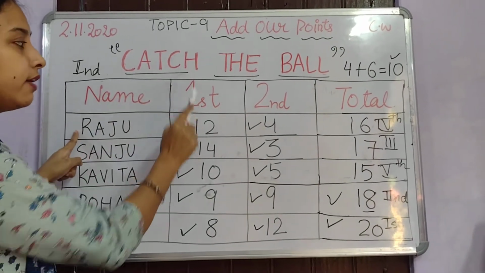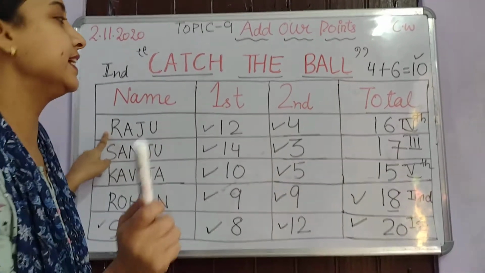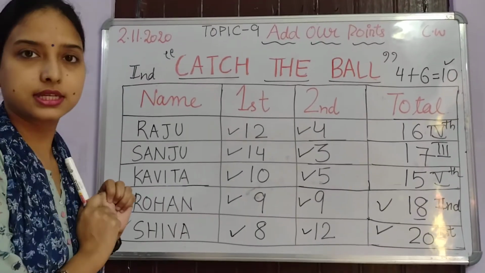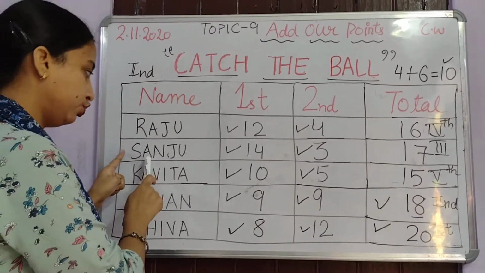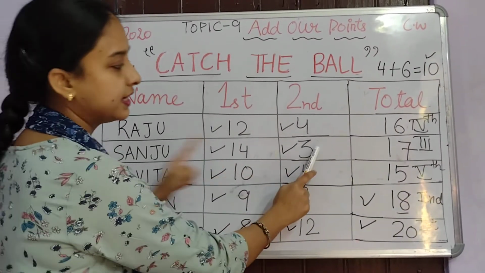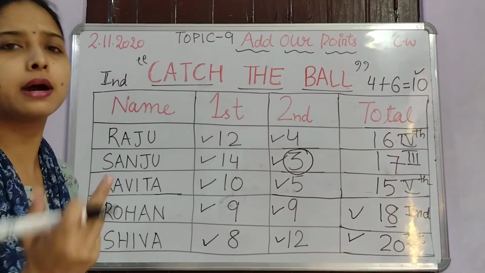Raju in the first round has scored 12 marks. Yes. Now you tell me how many marks were scored by Sanju in the second round. Sanju in the second round has scored 3 points or 3 marks.